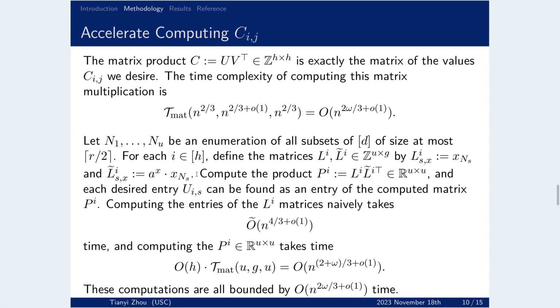Then compute the product P, and each desired entry of U can be found as an entry of the computed matrix P. Computing the entries of the L matrices naively takes n to the power of 4/3 plus small o(1) time, and computing the matrix P takes time n to the power of 2 plus omega over 3 plus small o(1). So all these computations are bounded by this time complexity here.